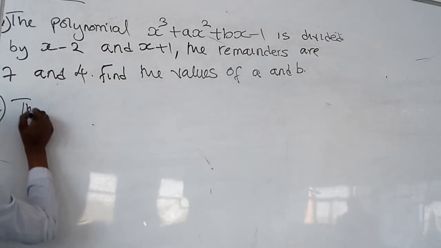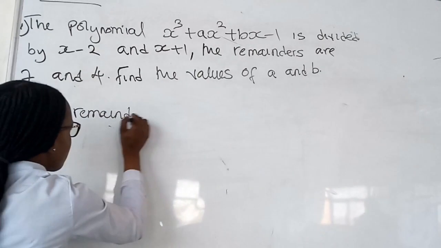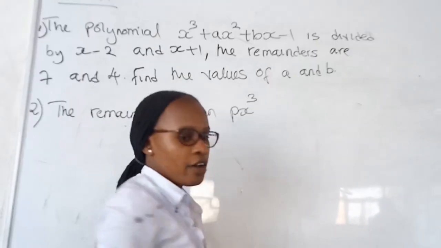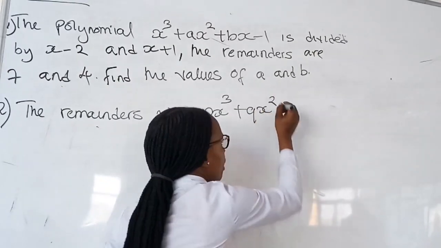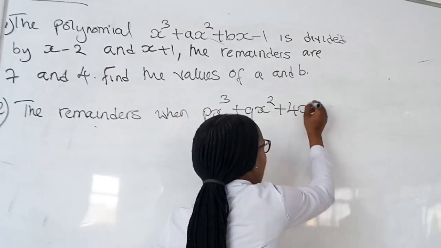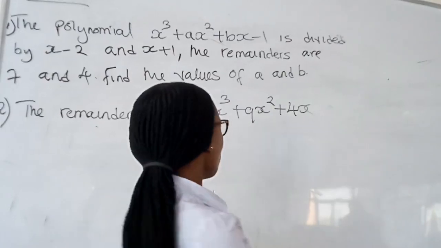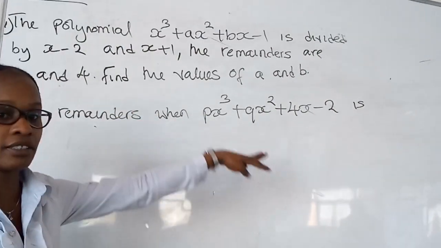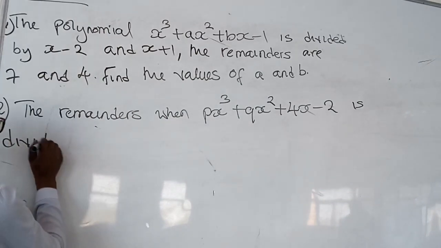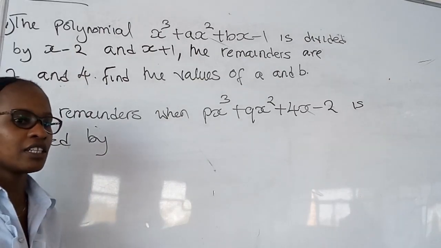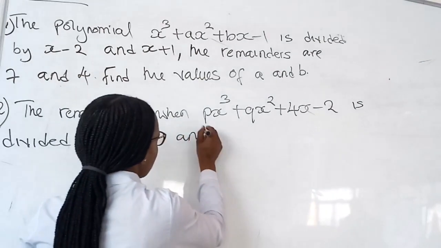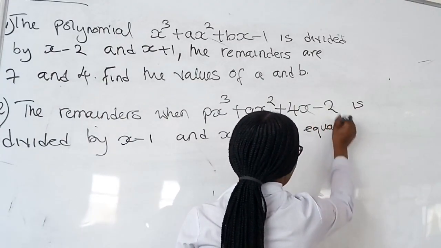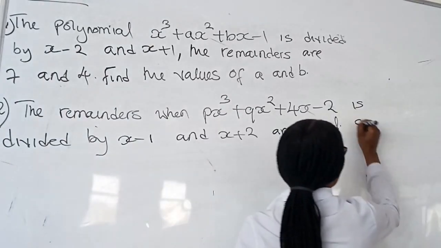So the remainders when px to the power 3 plus qx to the power 2 plus 4x minus 2 is divided by x minus 1 and x plus 2 are equal. That's what we've been told, that the remainders are equal.